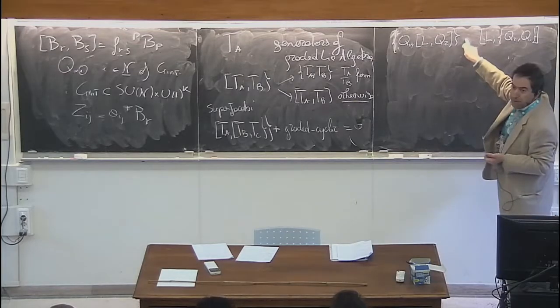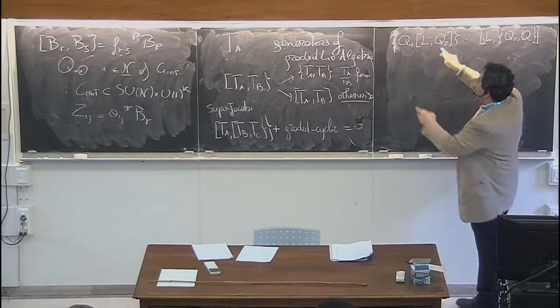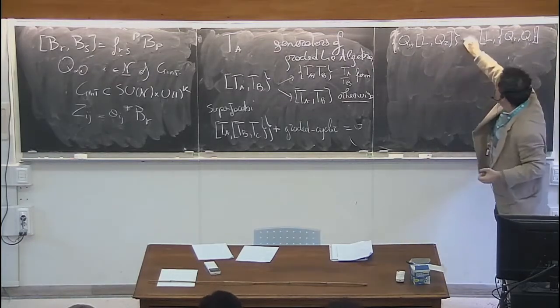But here, should we put a plus or minus? You see, in this sequence, the order of the two fermionic generators is inverted. So I need to put a minus here.